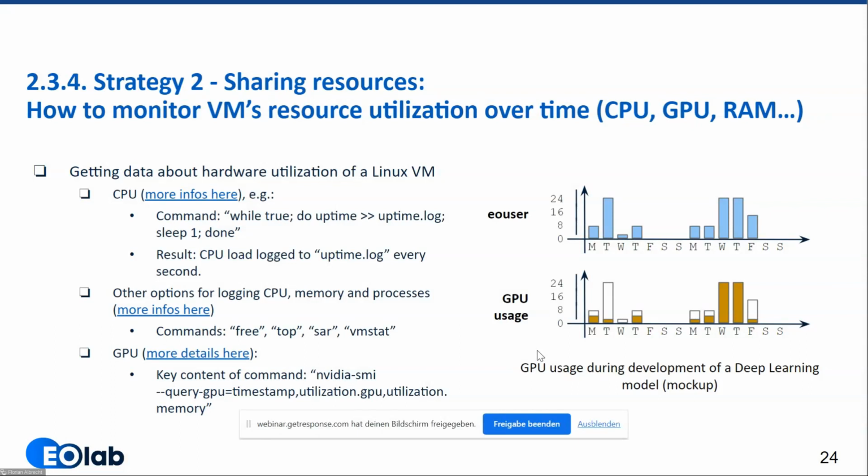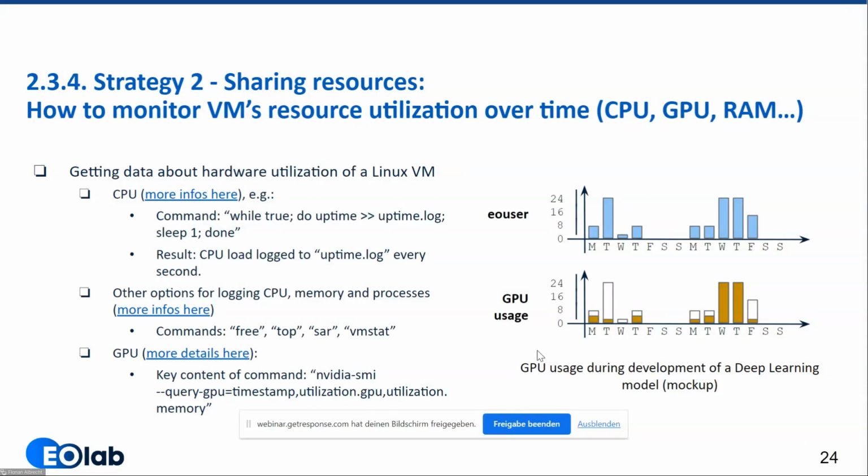To get data about hardware utilization of a virtual machine on Linux, you can try different commands for looking up the CPU utilization. There are some options here to make an uptime log for every second and check whether the CPU is busy.